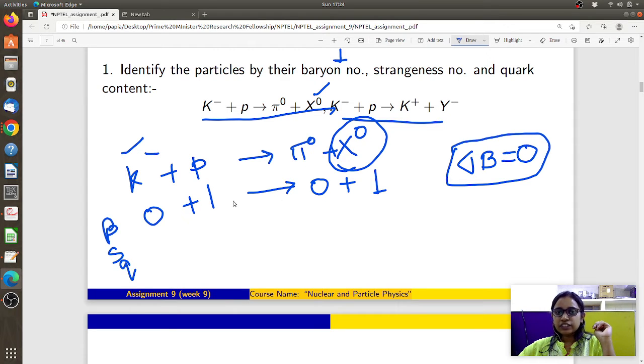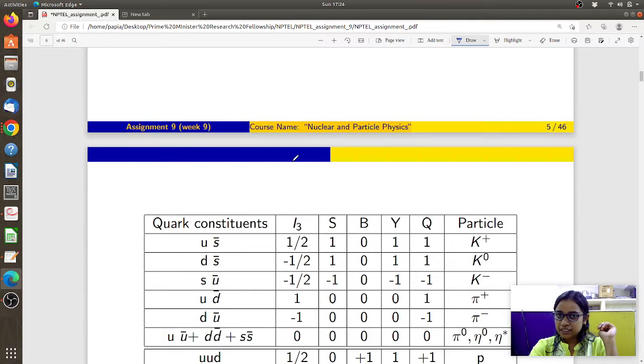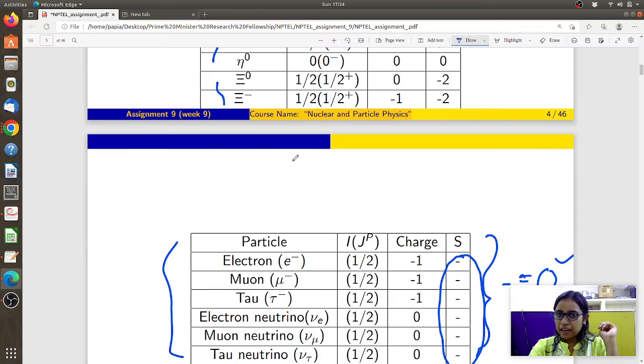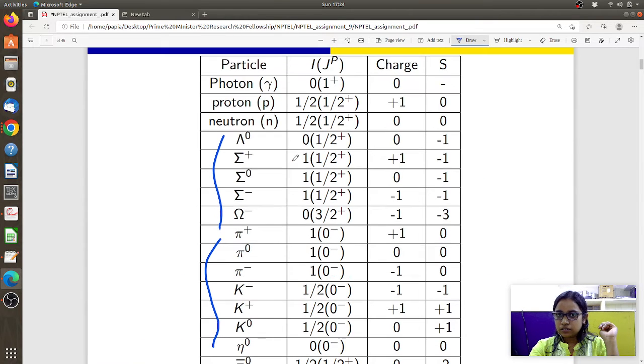Now coming to the strangeness number. Strangeness number for the proton is 0 because the proton is not a strange particle, and pi 0 also has strangeness number 0, but K minus has a strangeness number, and we have to see its value. I have mentioned it here: K minus strangeness number is minus 1.